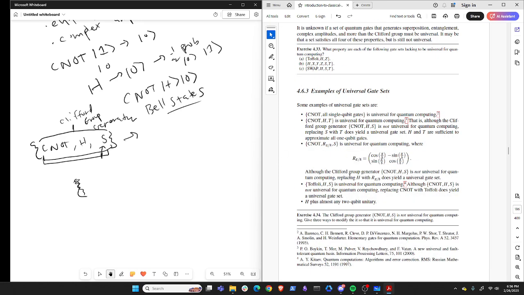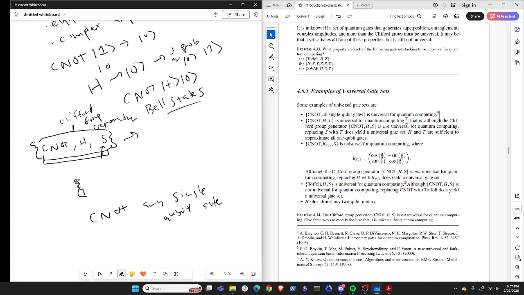So some examples of universal gate sets: we can use a C naught with any single qubit gate to create any other gate, because we can combine C naught with single qubit gates to create superpositions.